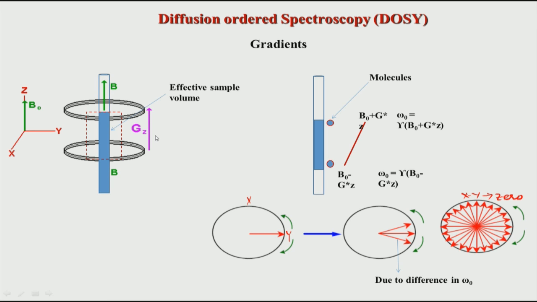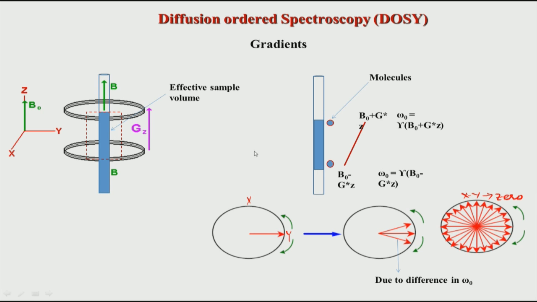Typically in all spectrometers, we have what are called Z gradients. We call it GZ, and it generates current in these coils. If you put the current in one direction it will be an upward field along B0, the main magnetic field, or if you do it in anti-clockwise or a different direction it will be in the negative direction.